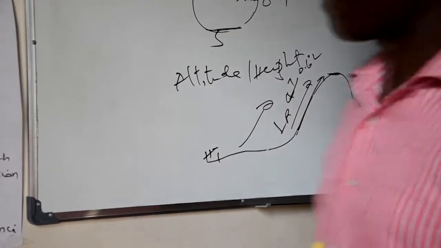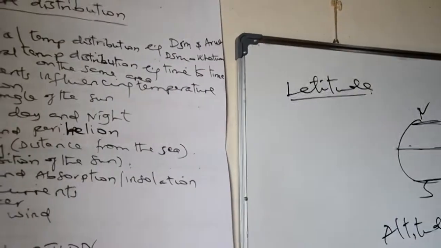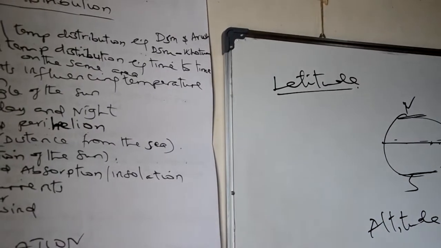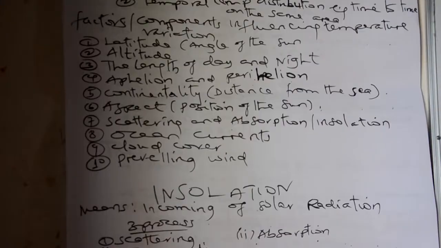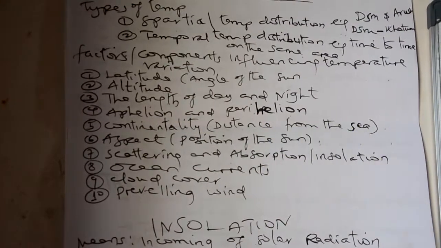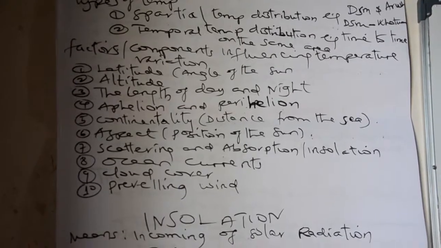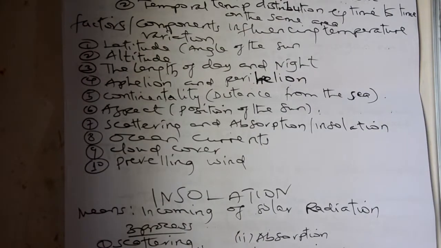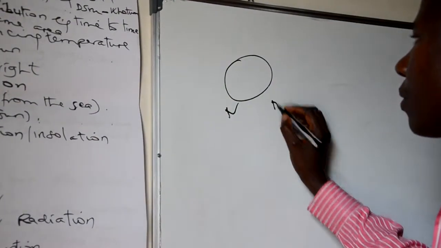The third one is the length of day and night. The earth is rotating on its axis from west to east. But sometimes the day is longer than the night.